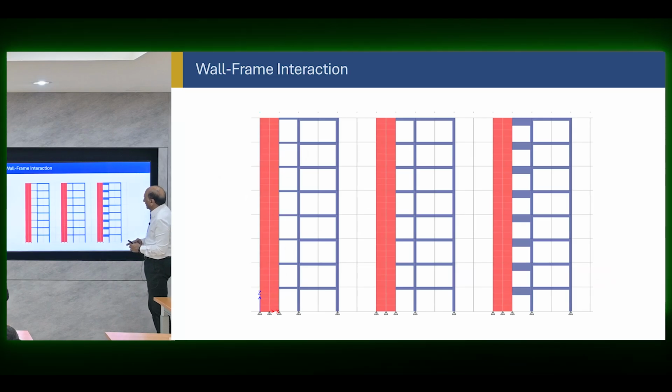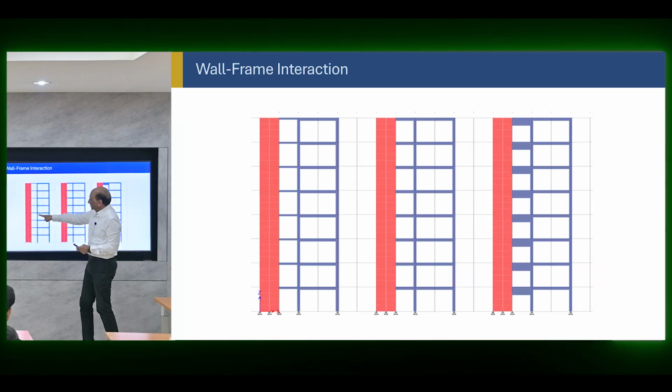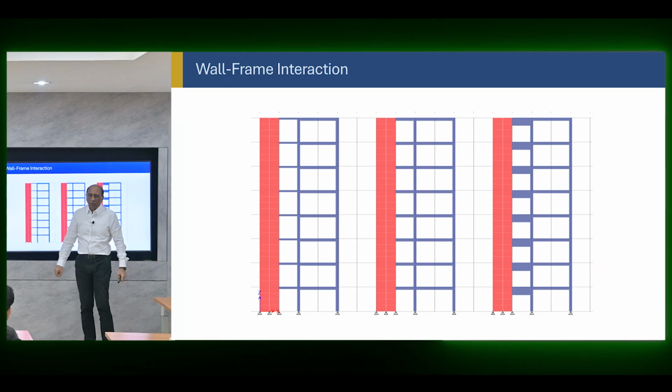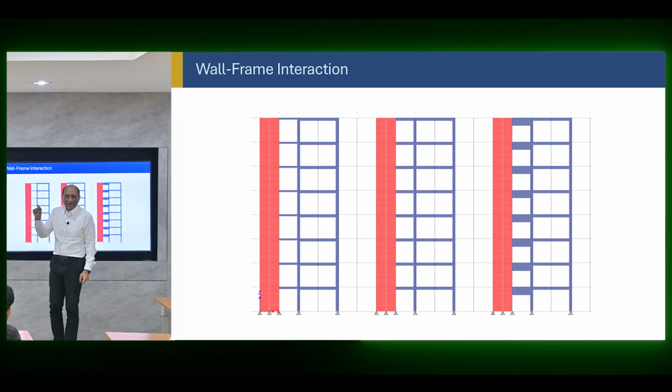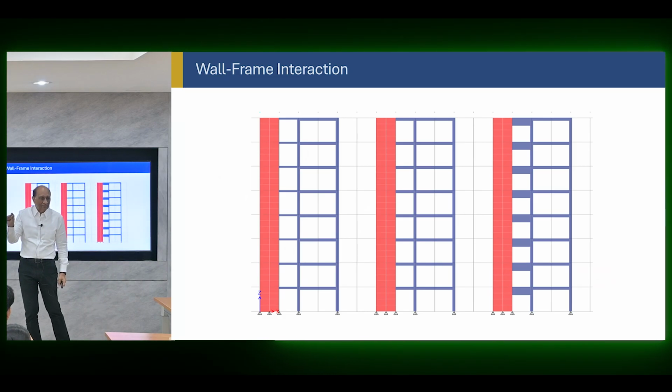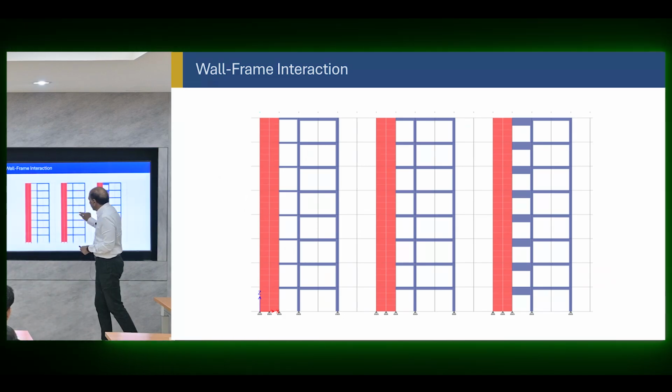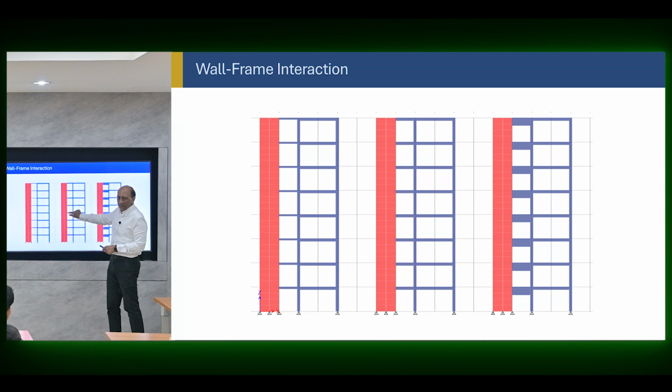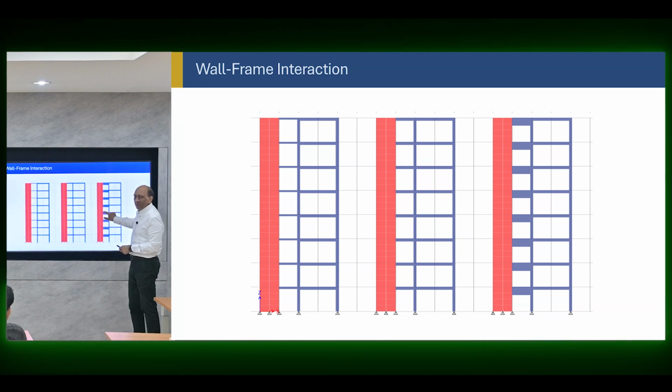So let's study the coupling effect. So this is a wall, this is a frame, and I put a coupling here. This is a very small coupling, just a flat slab, no beam, nothing. We're just a slab, there is no coupling. Here we put a beam which is the same beam, so there's some coupling here. And here I put a very deep beam between them to increase the coupling effect.